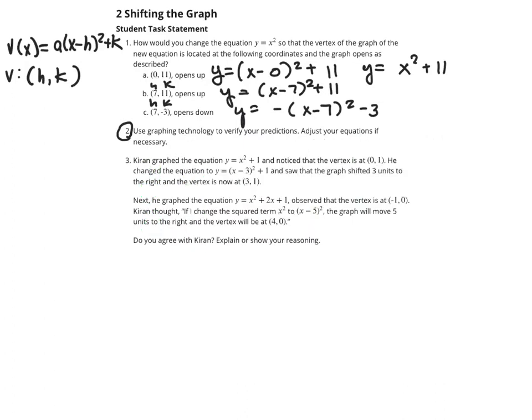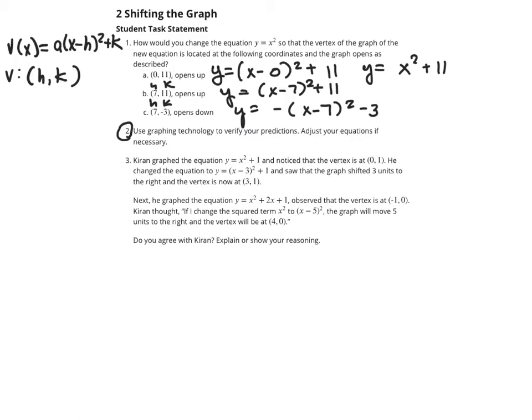Number 3 says, Kieran graphed the equation y equals x squared plus 1, and notice the vertex is at (0, 1). He changed the equation to y equals the quantity x minus 3 squared plus 1 and saw that the graph shifted 3 units to the right and the vertex is now (3, 1).